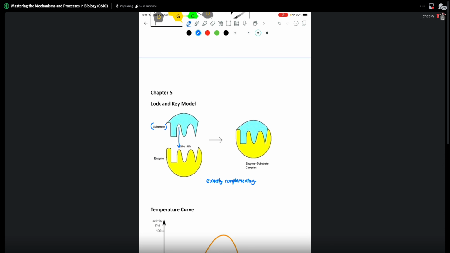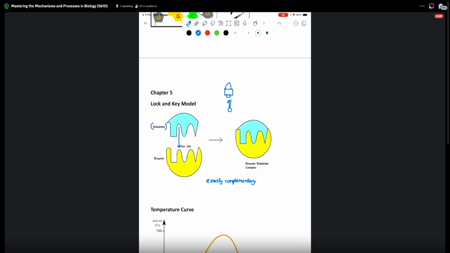For example, this lock and key model is derived from a padlock and a key. In order to unlock the door, the shape of the key has to be exactly complementary to the lock itself.